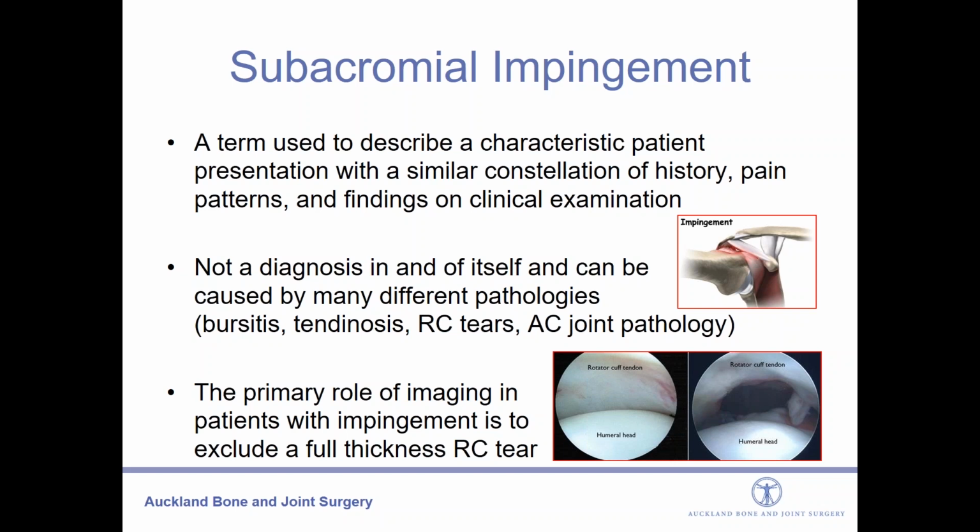So if you see impingement being described on an ultrasound, that's not a diagnosis. You need to look further and try and establish what is actually causing that patient's impingement. And for me, the only reason that I might organise an ultrasound scan is when I want to exclude a full thickness rotator cuff tear, because that would be the most important thing that might influence the management of that patient.